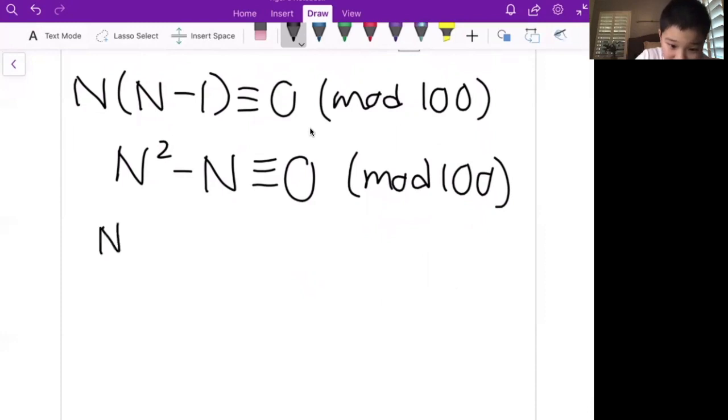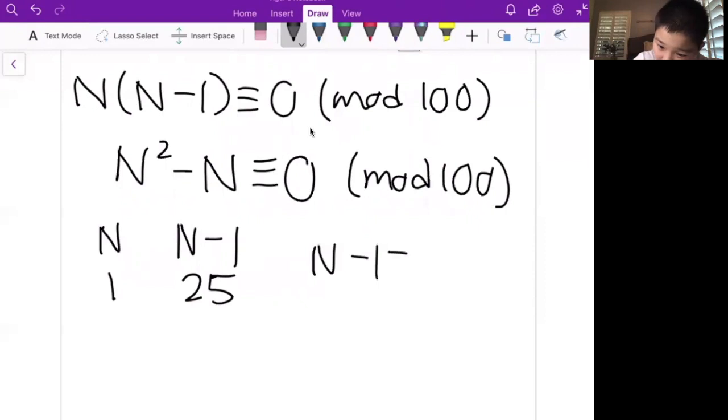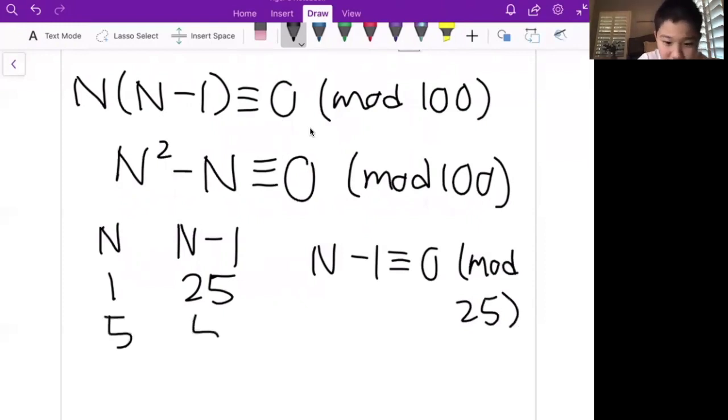So N and N minus 1 have to multiply to a number that's divisible by 25. So that either happens when it's 1 and 25, so N minus 1 is divisible by 25. Let's write that down. Or N is divisible by 5 and N minus 1 is divisible by 5.